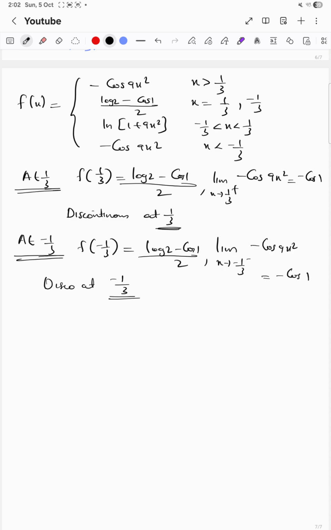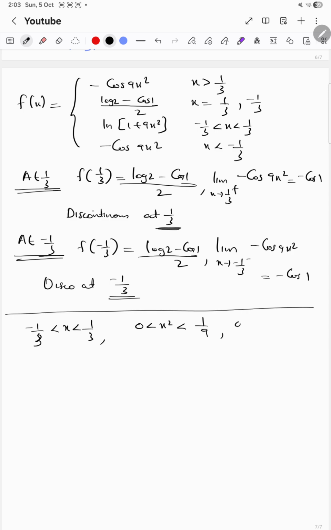Now next one is between minus 1 by 3 and 1 by 3 we need to check. So for that, minus 1 by 3 less than x less than 1 by 3. So x square lies between 0 to 1 by 9. That time 9x square lies between 0 to 1, correct? So if I add 1, it will be 1 plus 9x square.